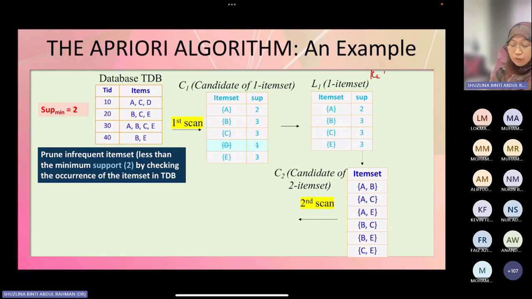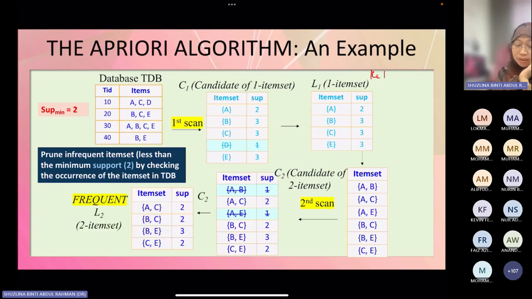We do the self-joining of A and B, A and C, and E as I showed just now, and we get these itemsets. We proceed by counting and looking at the support of each combination, for example A and B: how many times does it appear in the database? Once, this is twice, and so forth. So we list the support counts accordingly.